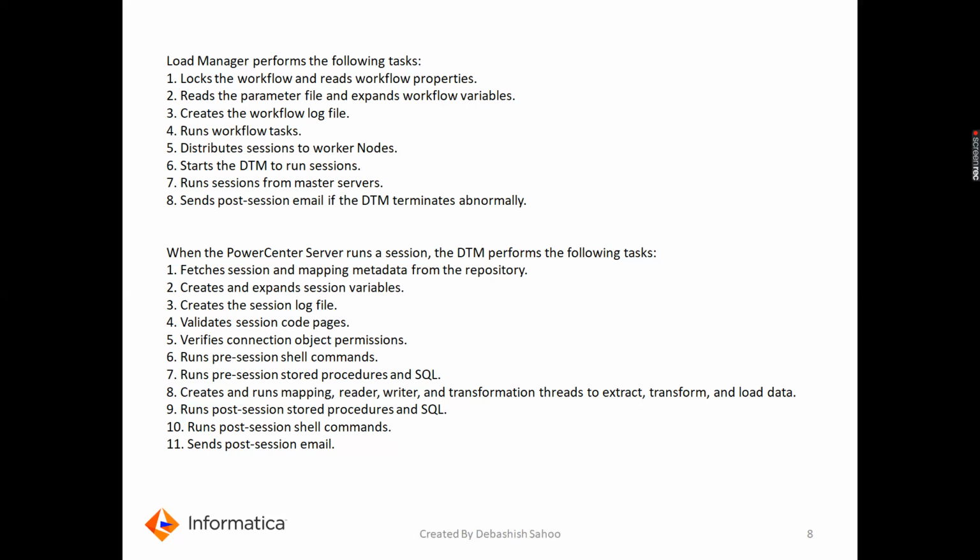It will read the details like what queries have been defined in the mapping, what the reader is, what the writer is, which file, what the DB connection is, and what transformations have been defined, what the logic is, and how it will translate that logic to a query if it is defined in the lookup or somewhere. Then after gathering all the information, it will create different threads, and through these threads it can start transforming the data and loading or reading the data.